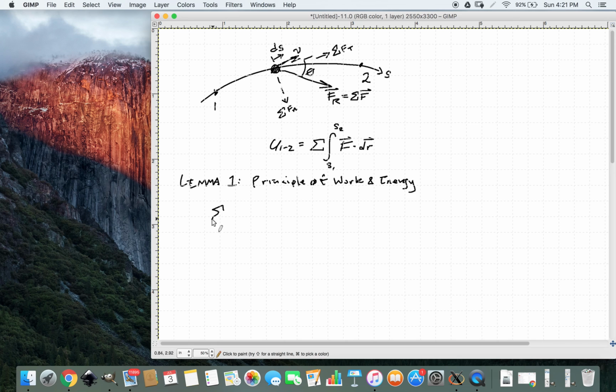As I carry out these integrals, going from some initial position to some new position down the path, really it's just that tangential component that comes out of that dot product.